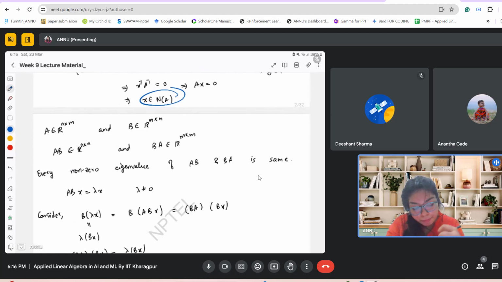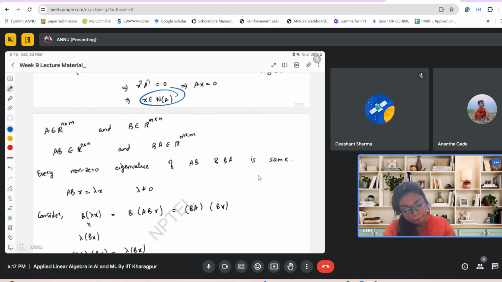Then multiplying by B, B(ABx) equals lambda Bx. Similarly, we proved that AB has the same eigenvalue as BA. So lambda is an eigenvalue of BA with eigenvector Bx.